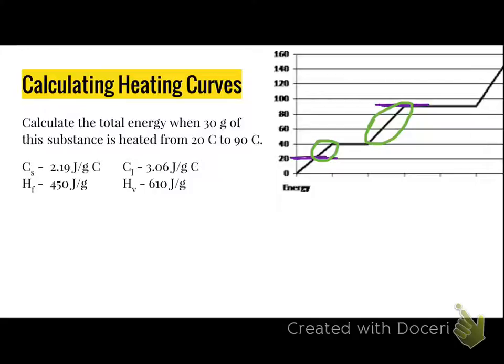So we're going to calculate those separately. The first calculation we're going to do is going from 20 until we reach our flat line. That's going to be our first calculation. So with a temperature change, what equation are we going to use? Q equals mc delta T.